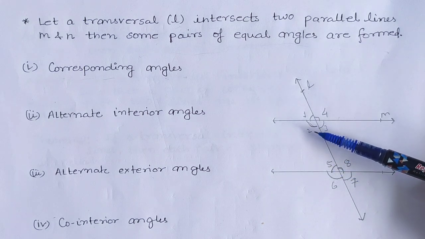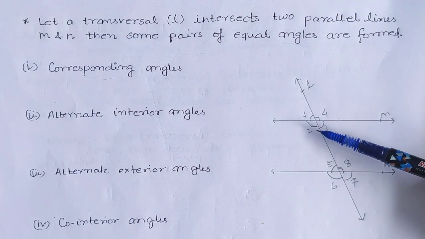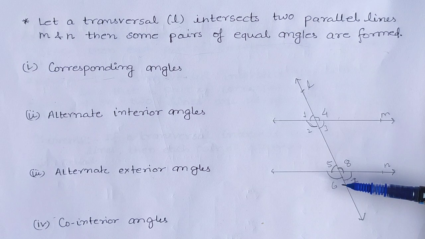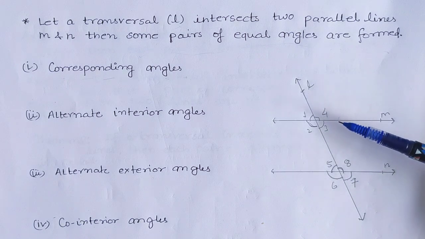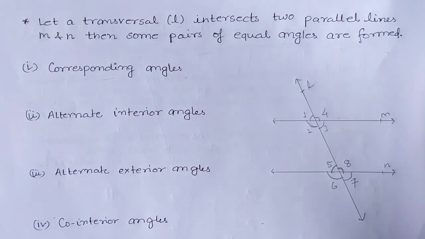Angle 2 is below the line, and here also angle 6 is below the line, so angle 2 and 6 are corresponding angles. On the right hand side of the line, angle 4 is corresponding to angle 8 and angle 3 is corresponding to angle 7. And in the case of parallel lines, corresponding angles are equal.